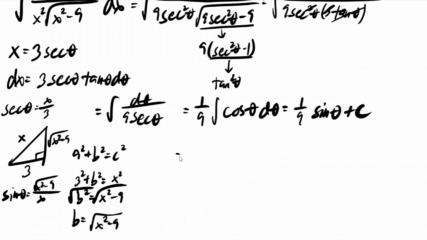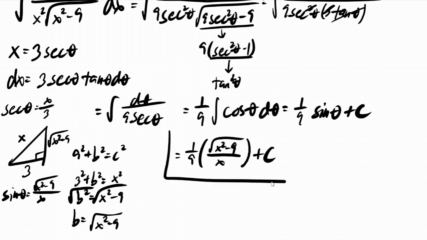It is equal to 1 over 9 multiplied by the square root of x squared minus 9 all over x plus c, and that is our final answer.